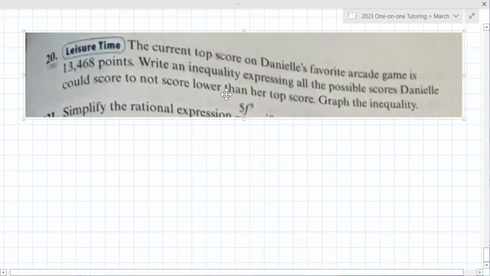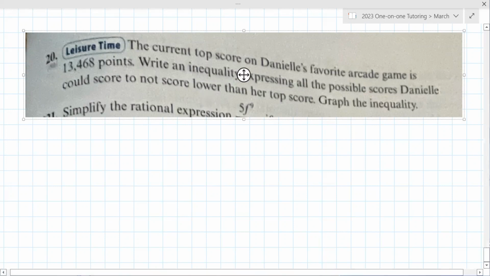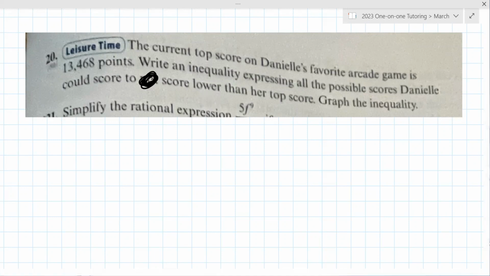Leisure time. The current top scorer on Danielle's favorite arcade game is that number there. Write an inequality expressing all the possible scores Danielle could score to not score lower than her top score. So this is always awkward when there's the word not, so I'm just going to eliminate it for the moment. Write an inequality expressing all the possible scores Danielle could score to score lower than her top score.